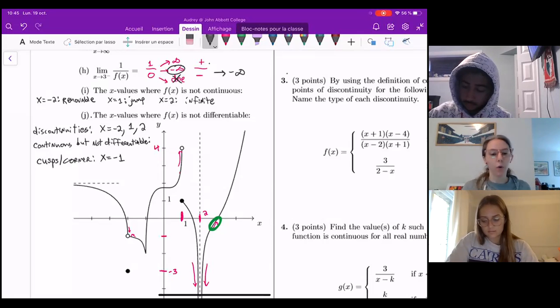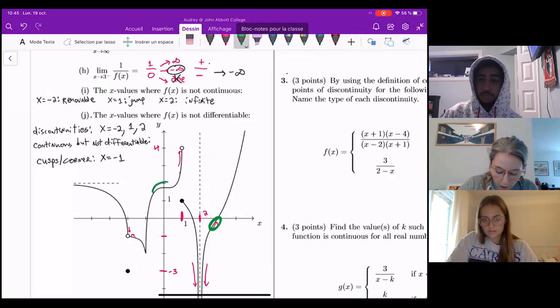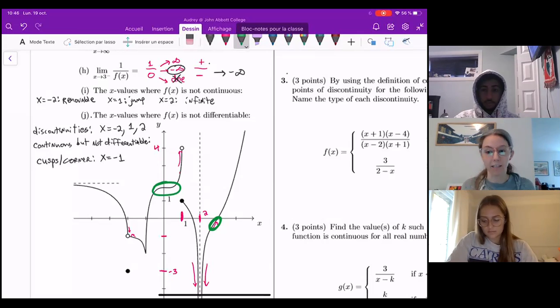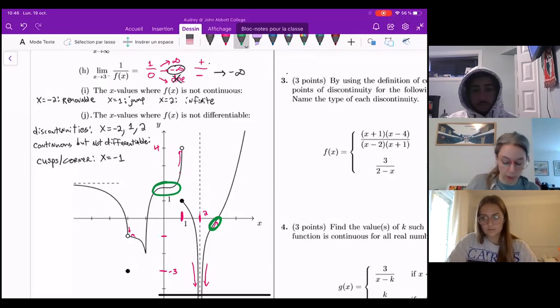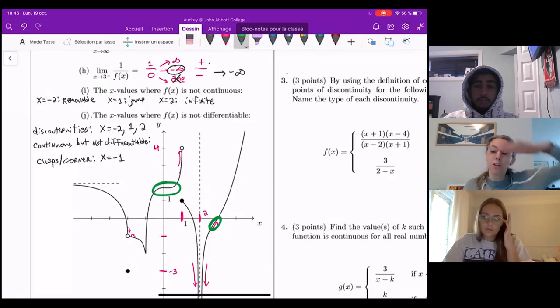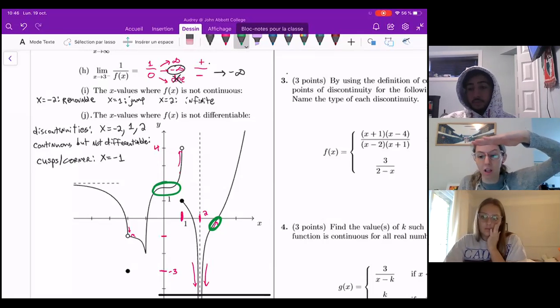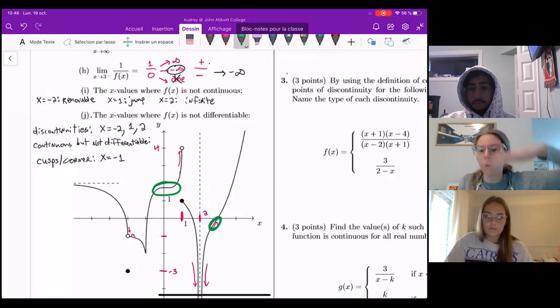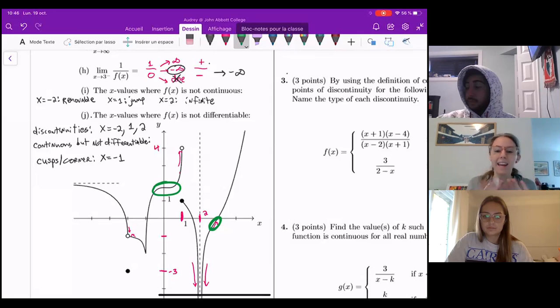Now, some of you are saying 0, but that just means the slope is 0. Yes, good job, Ellie. That just means the slope is 0. So here, the horizontal tangent line, the slope is 0. 0 exists. There is a slope, so it is differentiable here.